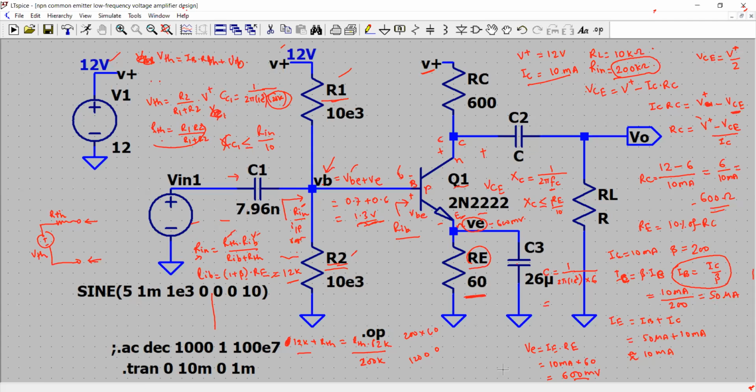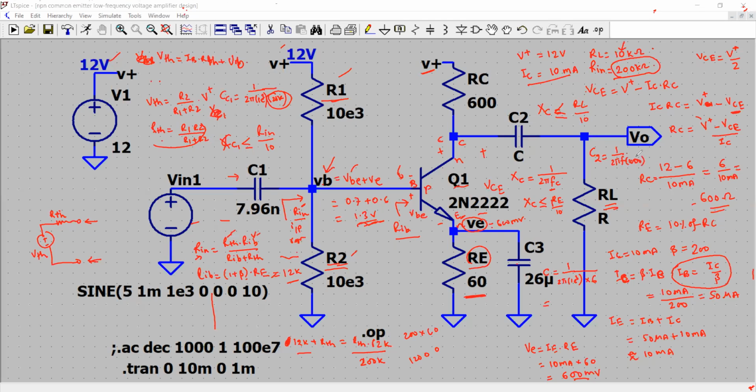And now finally, this capacitor, which is C2, follows the equation XC is less than or equal to RL divided by 10. RL is our 10 kilo ohm, and divided by 10 is 1000. So the value of C2 would be 1 over 2 pi F times 1000, or 1K.